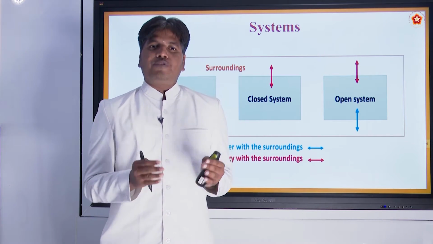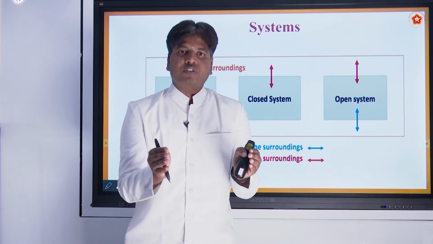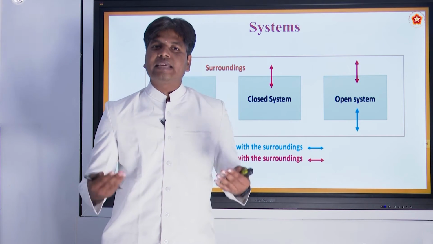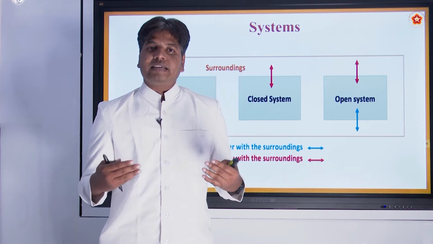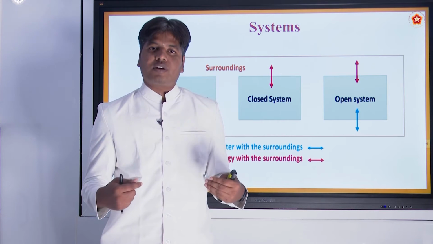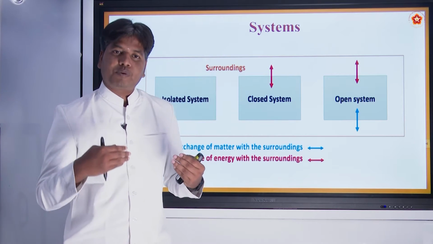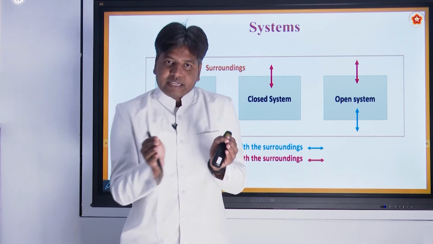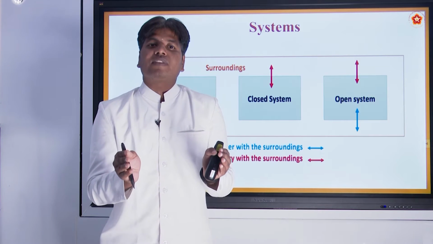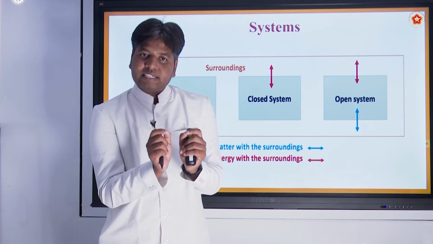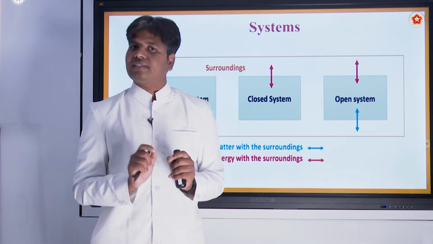Also, if you keep your hands close to the walls of the vessel, you will feel the heat. That means the heat energy provided to the water is being dissipated through the walls of the container. So heat energy is also exchanged with the surroundings.